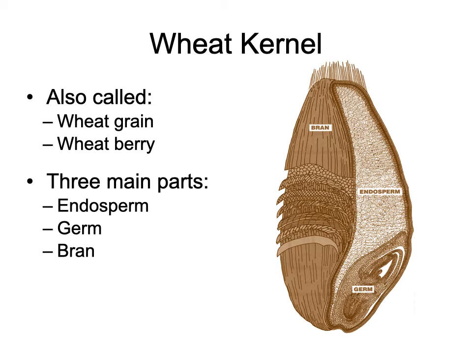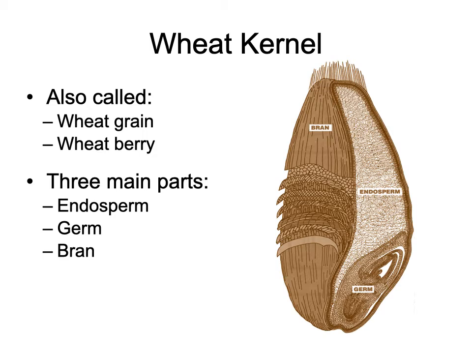So the wheat kernel itself is made up of several parts, and I won't go over all the different layers that you see here in this illustration about the bran. There are about 9 different layers of the bran, but when it really comes down to it, we have 3 main parts of a wheat kernel. The whole grain of wheat, the whole kernel, is called a wheat berry. Within that, we have the endosperm, which is the center of the grain. That's where most of our flour comes from.